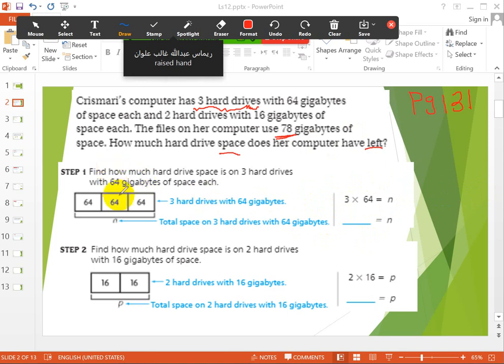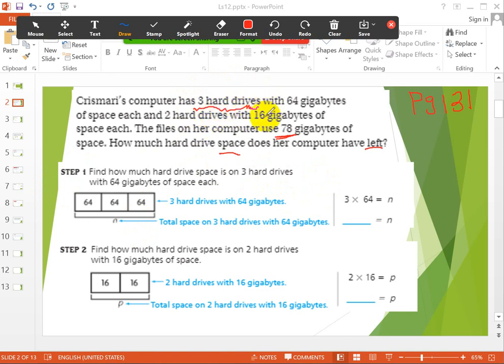This is in your book, I think. Find how much hard drive space is on 3 hard drives. So first step, I want to know the space for those 3 hard drives.